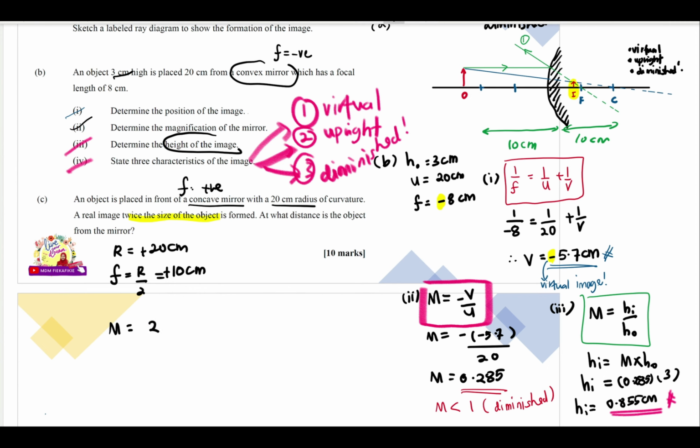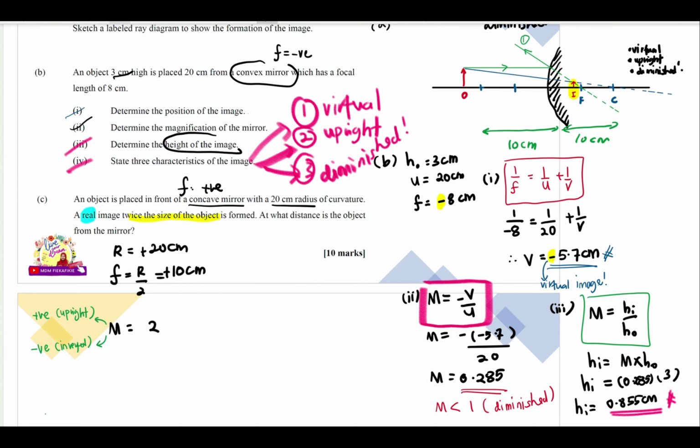Tapi positif ataupun negatif tu, saya dah bagi tahu dalam discussion video sebelum ini. Kalau M kita adalah positif, maknanya dia adalah upright image. Kalau M kita negatif, maknanya dia adalah inverted. Jadi hint dekat sini, you tengok dia dah kata real image.